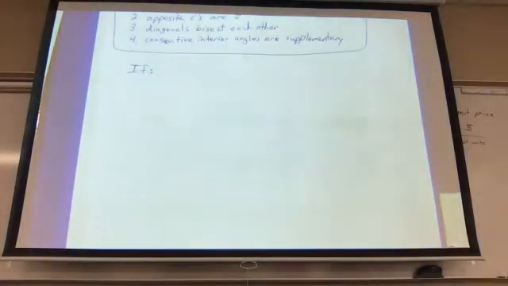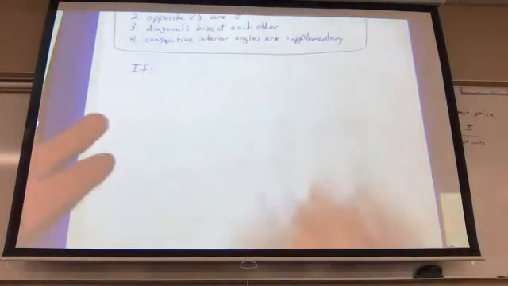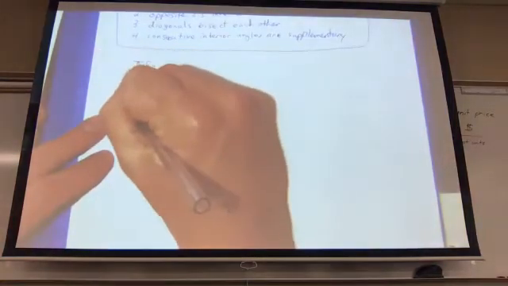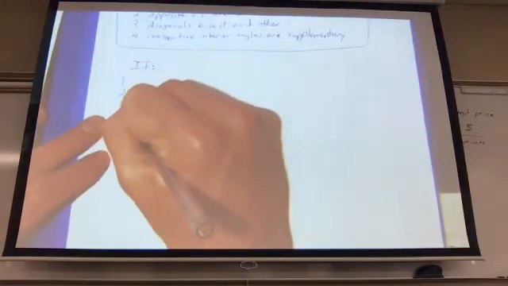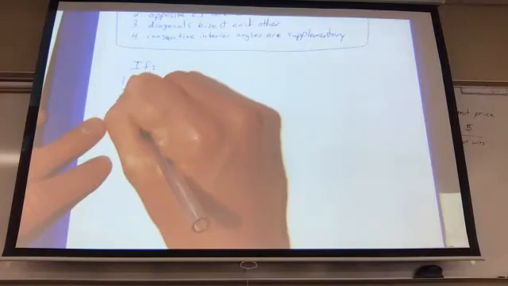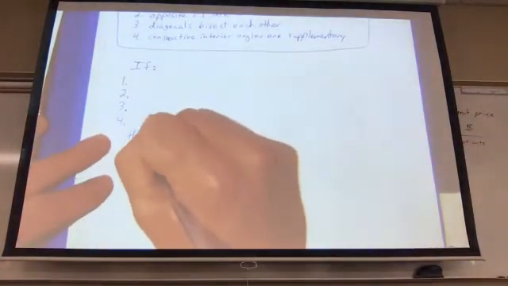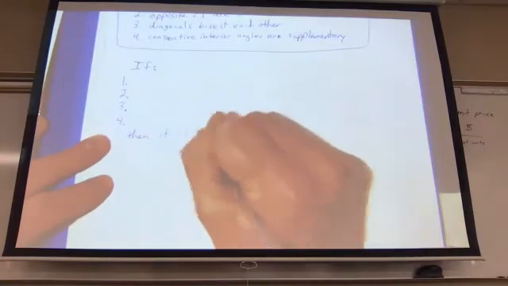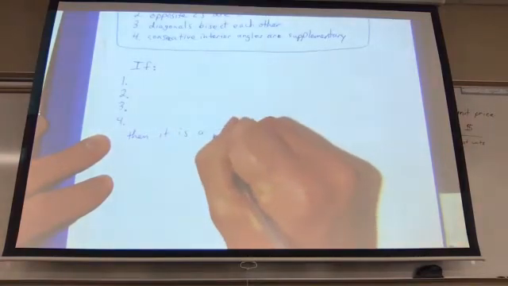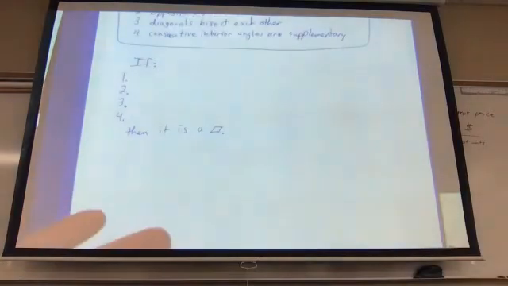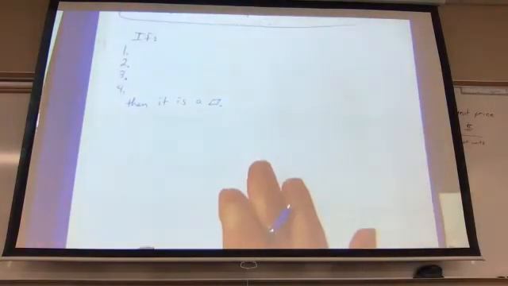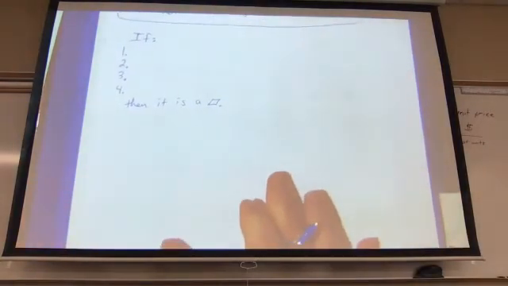We're going to say this. If, and then there's going to be 4 things that happen. And if these 4 things happen, then the figure is a parallelogram. And you're going to find there's a lot of repeating from what we did in section 6.2.